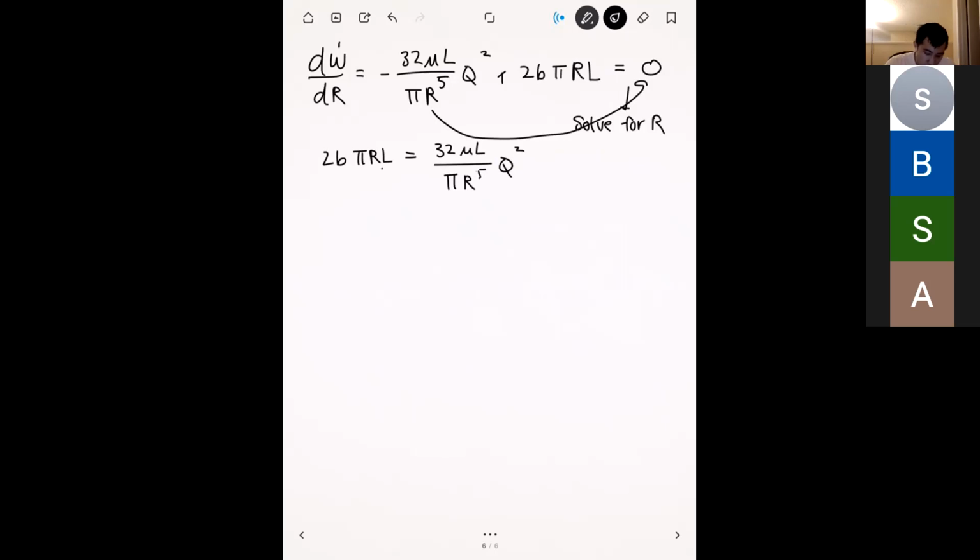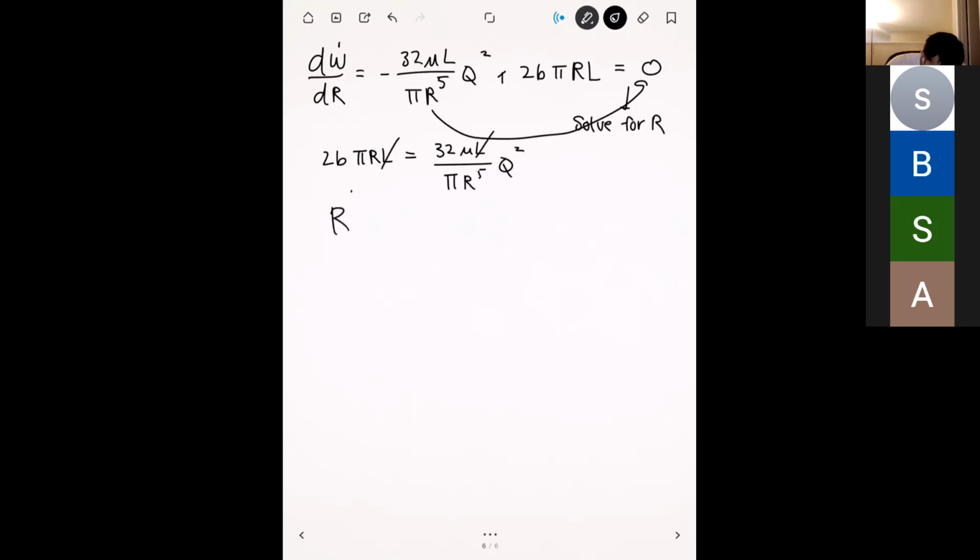You can see here we have an L and an L, so those cancel out, and we have a 2 and a 32. Let's move all of the r terms over to one side of the equation. So let's multiply both sides by r to the 5th to get r on the left side, and then move all the other terms onto the right.